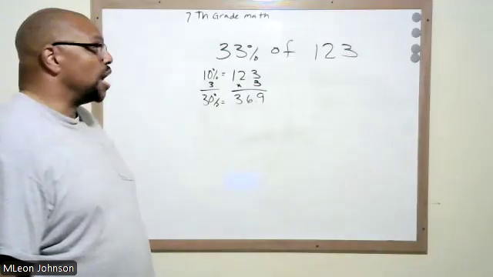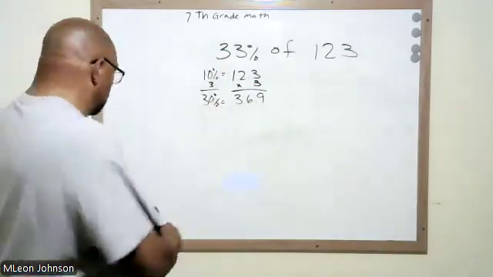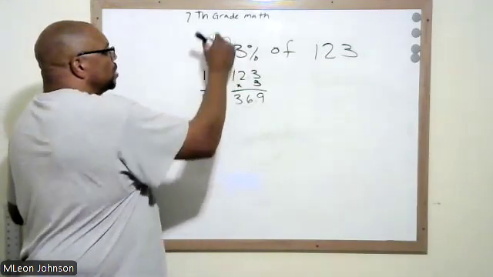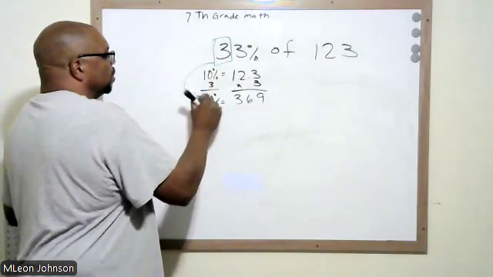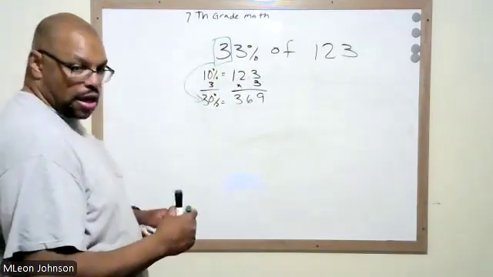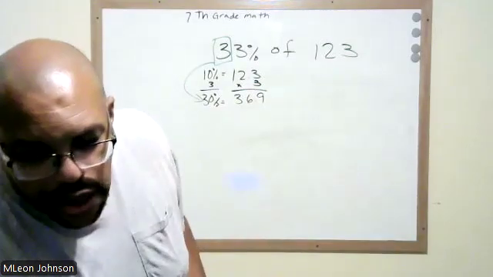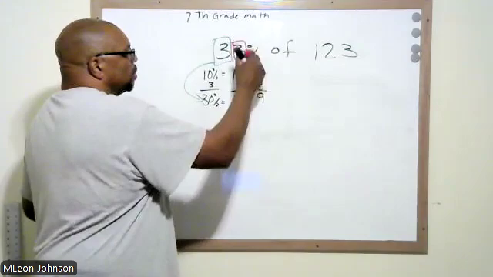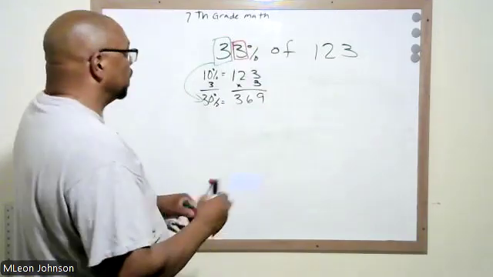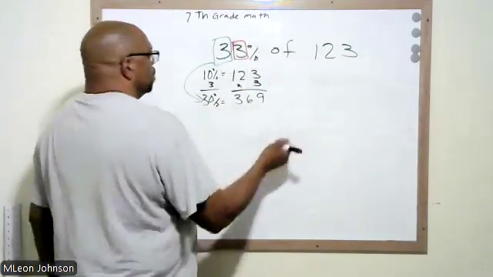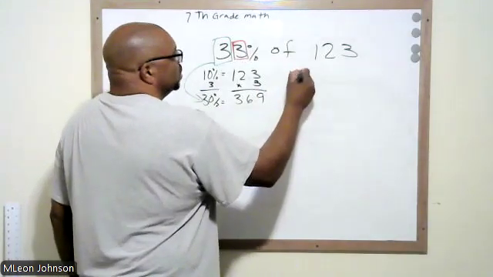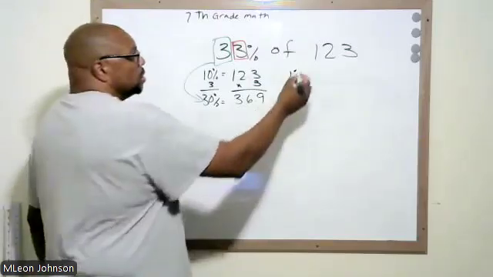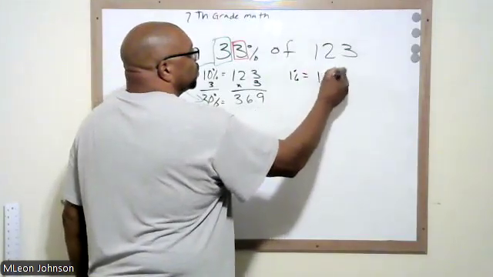Now we're not finished yet because we still need the 3%. Let me circle that in green so you can notice what we did. This is for that one. Okay. I'm going to use my red. Now we're going to do this next one. What's that going to be? Well, because we're looking for 3% now, I know that 1% is equal to 1.23.